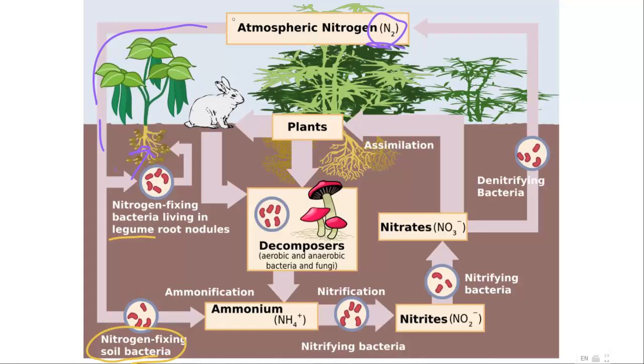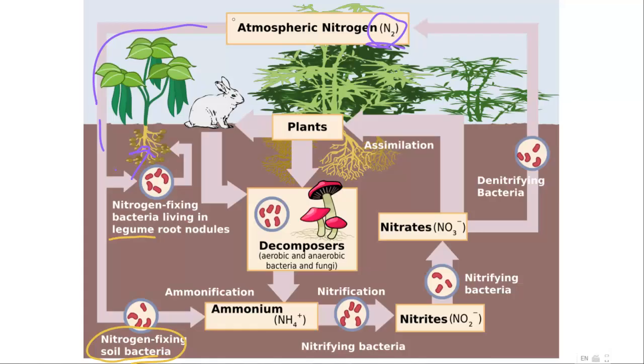So that process is also done by nitrifying bacteria, and when those nitrates end up being taken up by the plant, this is called assimilation, right? When we eat things and reorganize the elements and molecules within our bodies, we call that assimilation.